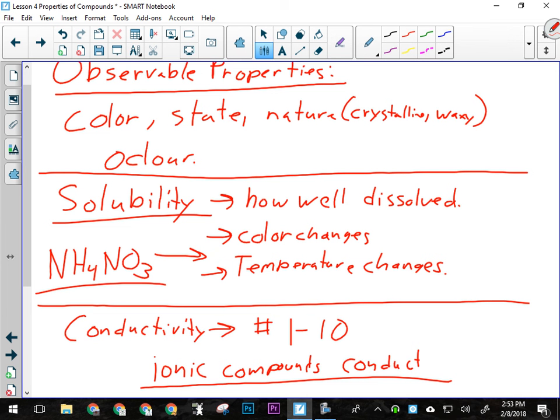Other lab safety things for the lab, footwear. This time of year, it's not usually too big of an issue, but you do need to have shoes that cover your foot. You can't wear open-toed shoes or open-topped shoes like sandals or flip-flops or anything like that in the lab for a couple of reasons. If anything spills, it'll run off the counter and onto your bare feet, or sock feet even, and that could cause a chemical burn.